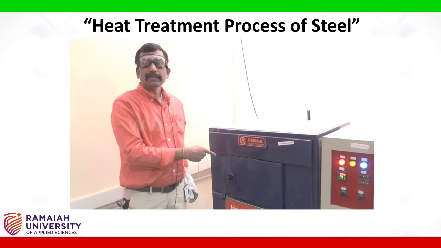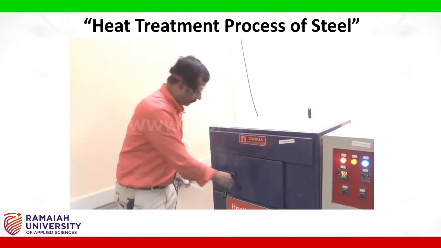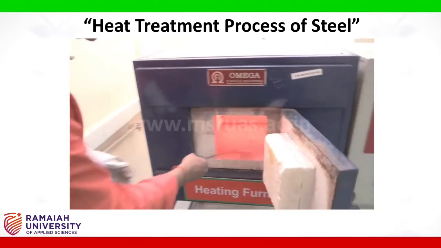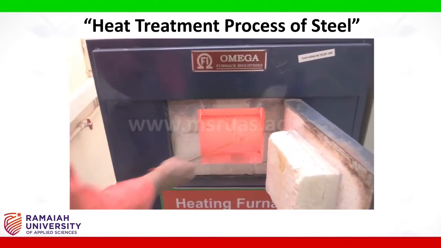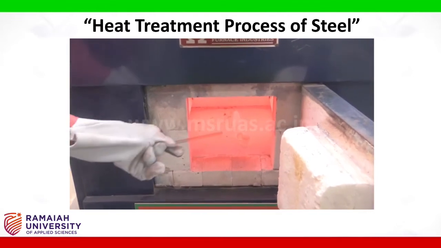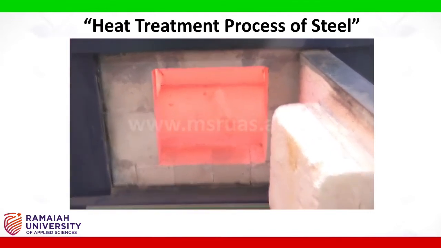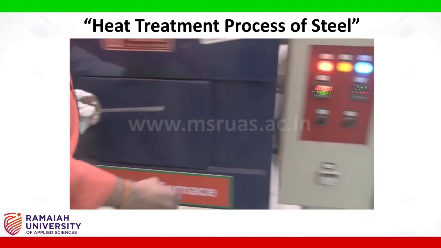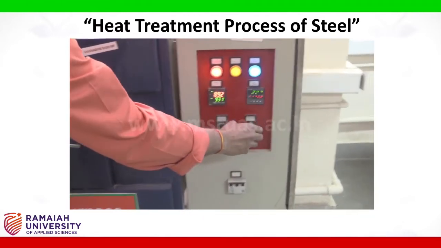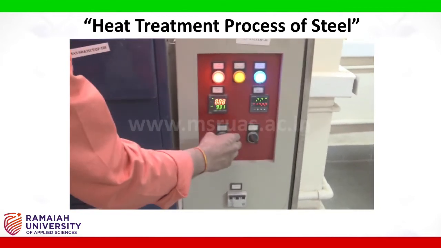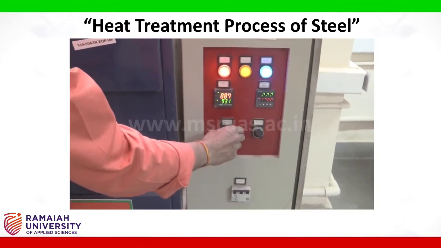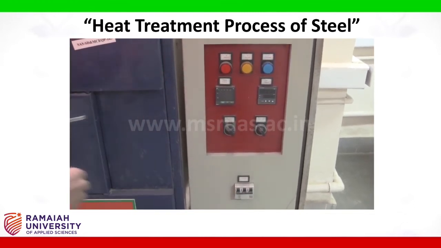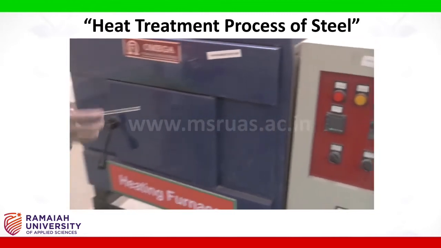Now the fourth set of samples for the annealing process, as you can see here, which is inside: one sample for hardness and microstructure, another sample for tensile test. I'll close the door and switch off the heating unit, program and the mains, and this is the furnace cooling.